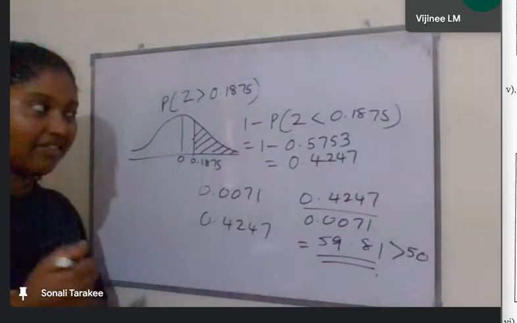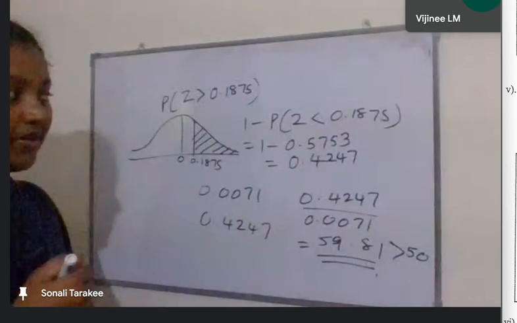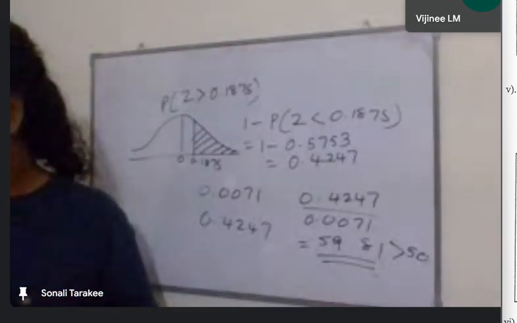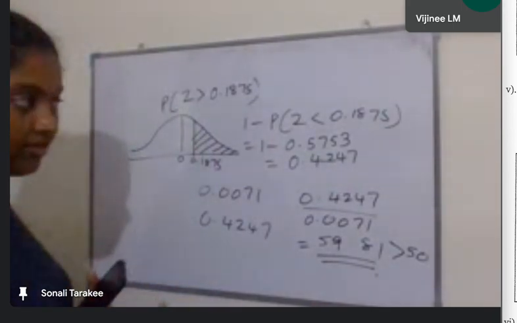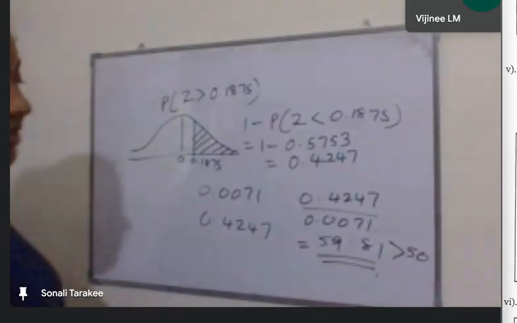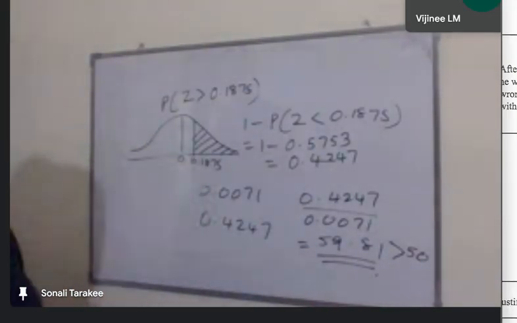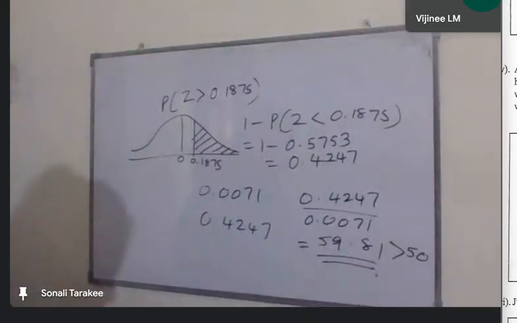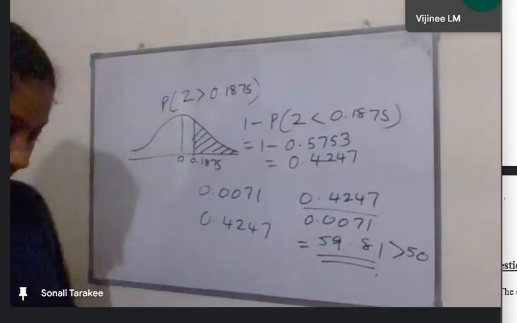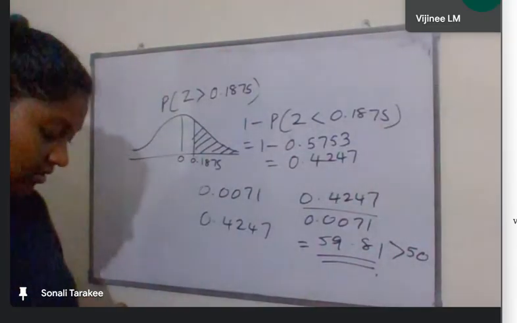So you can write each probability has two outcomes, correct answer or wrong answer. And the next one is fixed number of trials, that is 18 questions. And the trials are independent. They don't depend on each other. So those are the characteristics of binomial distribution.